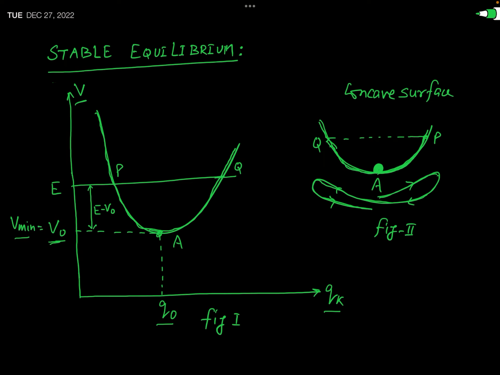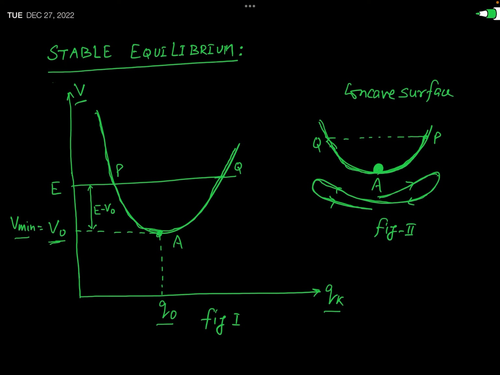In fact, when the system is at this point, its potential energy will be minimum, and this equilibrium position is called a stable equilibrium. It is called stable because whenever the particle is displaced from this position, definitely its potential energy will increase and the kinetic energy will decrease.